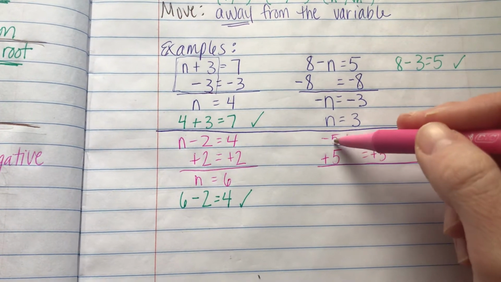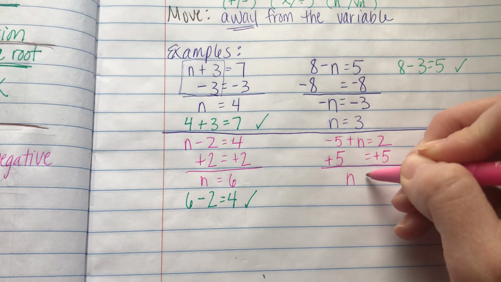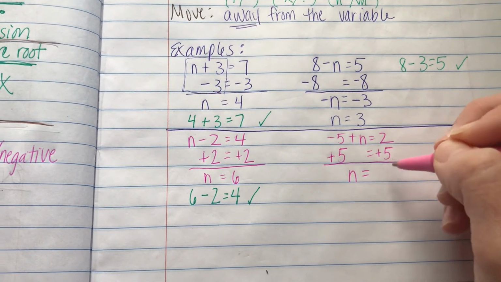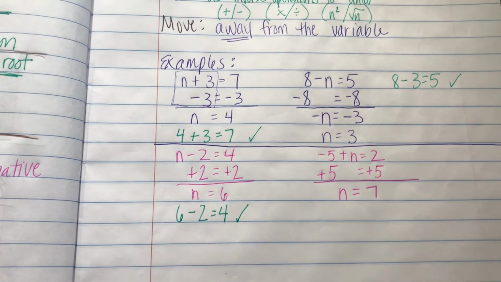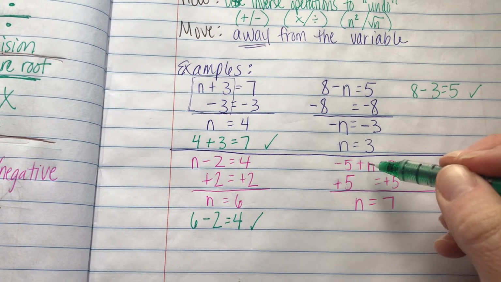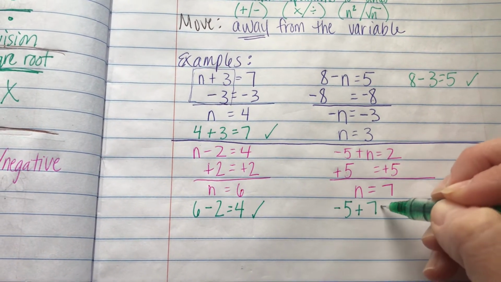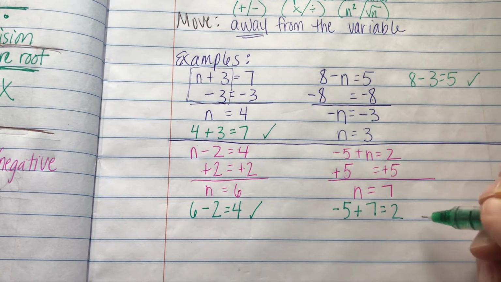So this brings us up to 0 plus n, or nothing plus n, which is just n. And 2 plus 5 is 7. And then to double check, again, we can put 7 back in place of the n. We have 5 plus 7. Does that equal 2? It does.